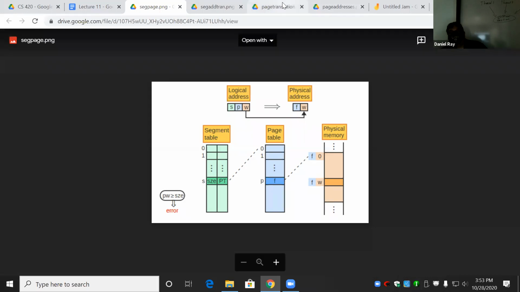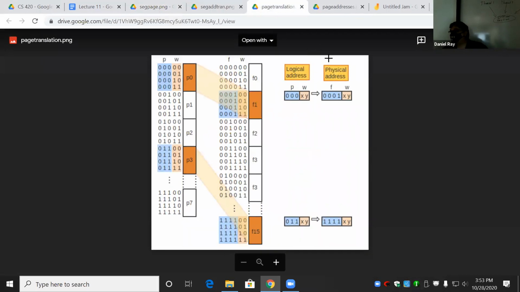How many table lookups does this take? Well, how many tables does it take to do paging? Someone take a guess.